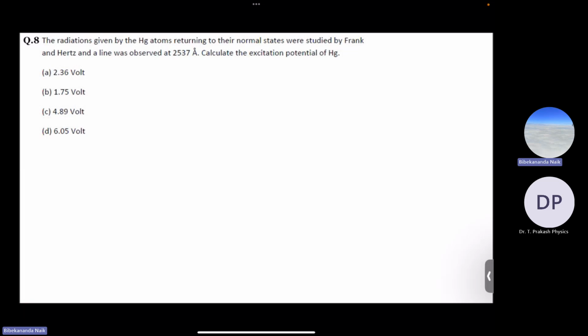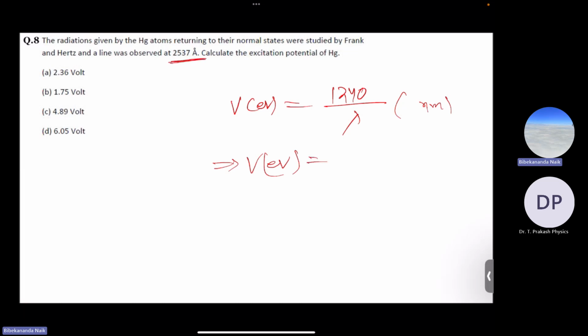V in electron volt will be 1240 divided by lambda, where lambda is in nanometer. If you see here, it is in Armstrong. So if you convert this, it will be 12,400 divided by lambda, where lambda is in Armstrong.